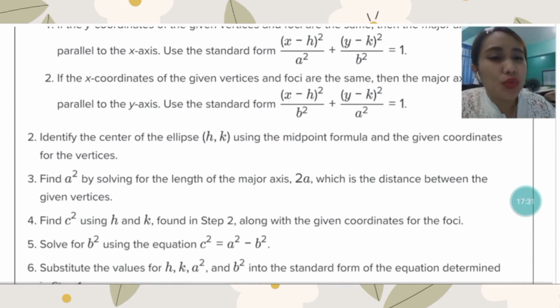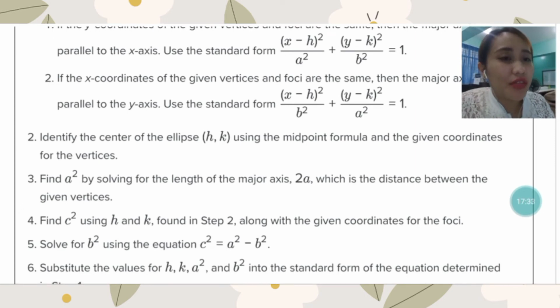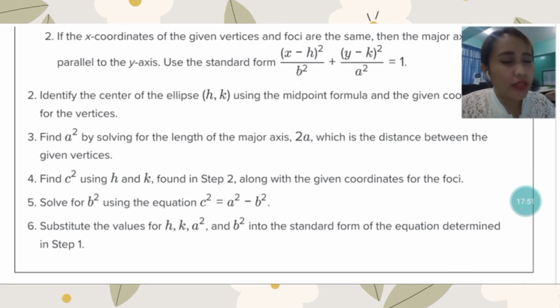Step number 2, identify the center of the ellipse (h, k) using the midpoint formula and the given coordinates for the vertices. Later on, you will be reviewed on the concept of the midpoint formula. Step number 3, find a squared by solving for the length of the major axis, 2a, which is the distance between the two vertices.